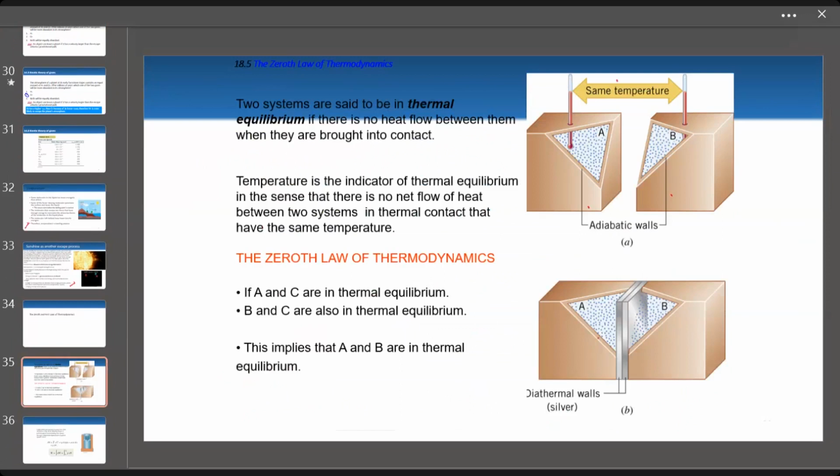If you put A and B in contact and they do not exchange any heat, you don't feel one of them is warmer than the other, then I will say they have the same temperature. Very basic, very easy, and it's at the heart of how different measurements of temperature work.